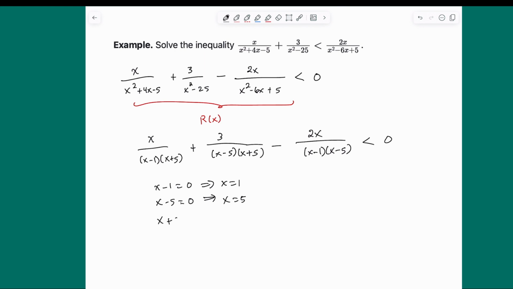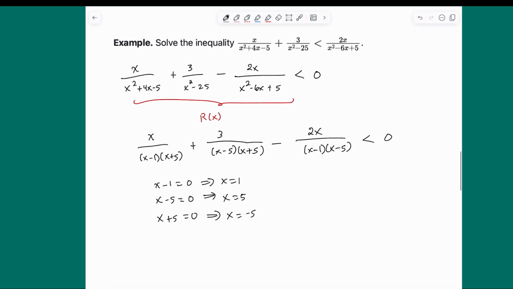And x plus 5 equal to 0 tells us that x equal to negative 5 will make our rational expression undefined. So r of x, the related rational function, is undefined at x equal to 1, 5, and negative 5.